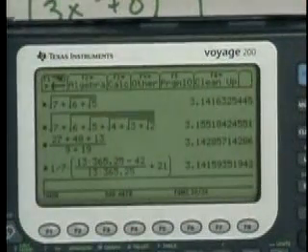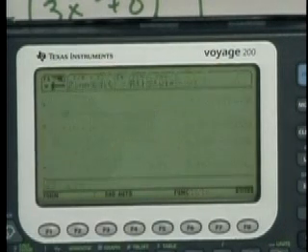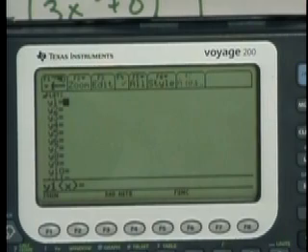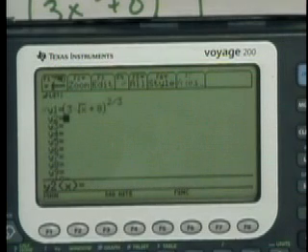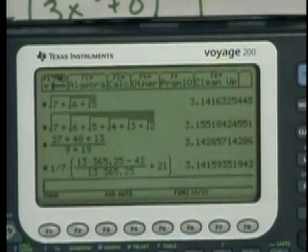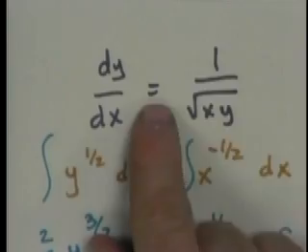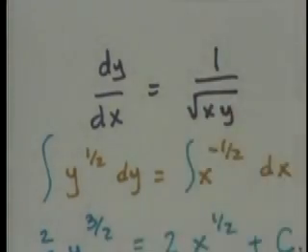Okay, so I'm going to test my solution, see if it works out. So where y is, I'm going to put in 3 times square root of x plus 8, all raised to the 2/3 power. Okay, so on my home screen here, I'm going to ask whether dy/dx equals 1 over the square root of x times y.